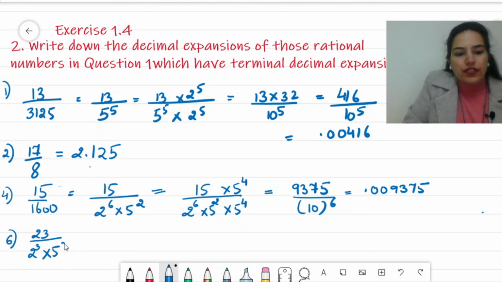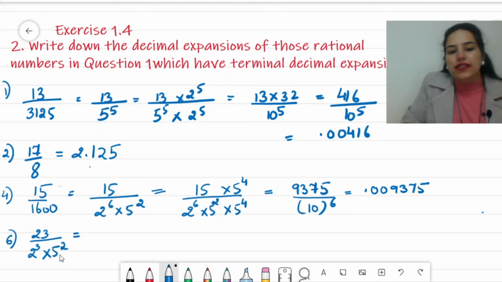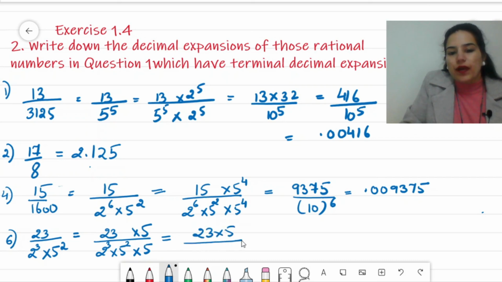Then sixth part was proved to have a terminal decimal expansion, which was 23 upon 2 raised to power 3 into 5 raised to the power 2. So I can see I only want one more 5 here. I'll multiply by 5, numerator and denominator, so that this becomes 5 cube only, and it will be 23 into 5 upon 2 cube 5 cube.